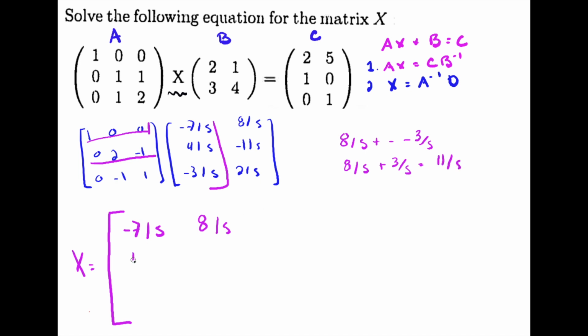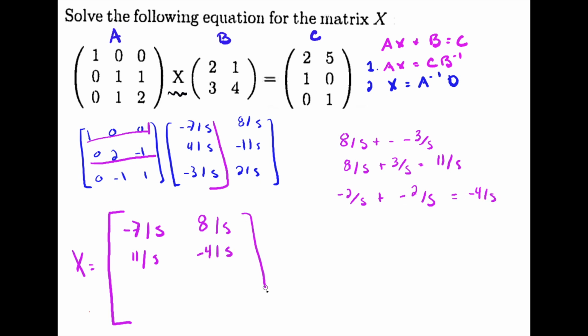So we can write that here. Now second row, second column, 0 times 8 out of 5 is 0. 2 times negative 1 out of 5 is negative 2 out of 5 plus negative 1 times 2 out of 5, negative 2 out of 5, which is negative 4 out of 5. So we have negative 4 out of 5.